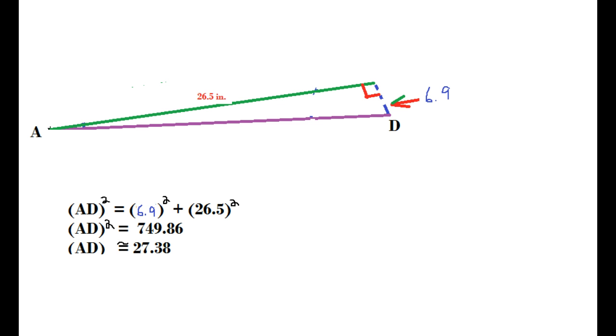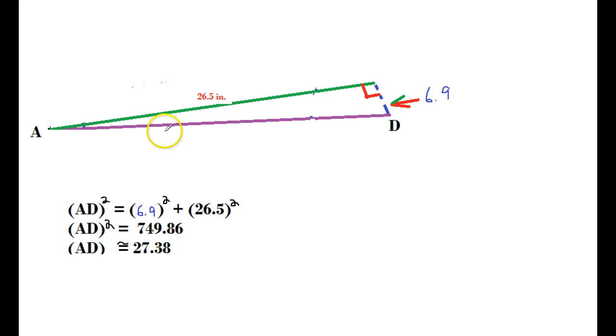So now we have this 26.5. This purple is what we're looking for, AD. And 6.9 because it was the large number, which was 9.3 minus 2.4.